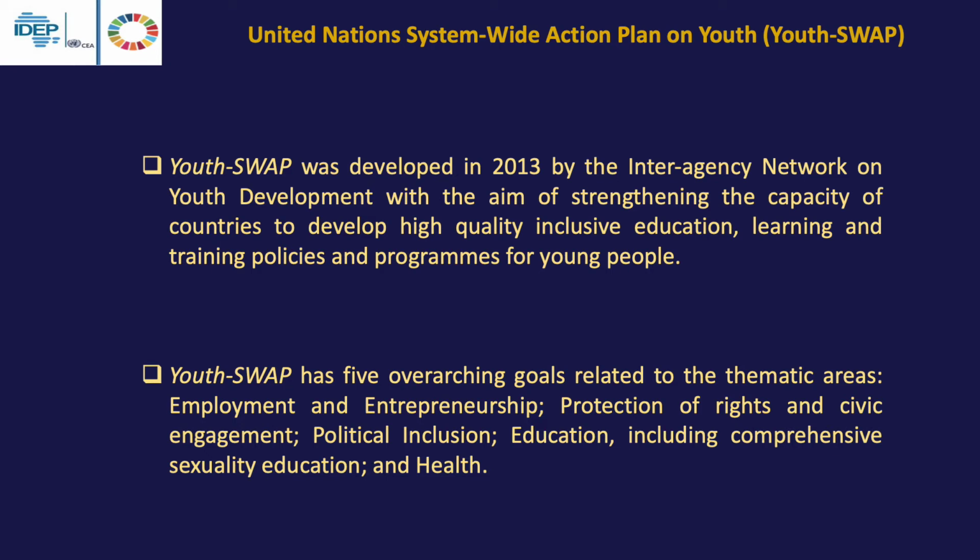All in all, the UN-SWAP has five overarching goals related to the thematic areas of employment and entrepreneurship, protection of rights and civic engagement, political inclusion, education including comprehensive sexuality education, and health. We explore this further in the course manual.